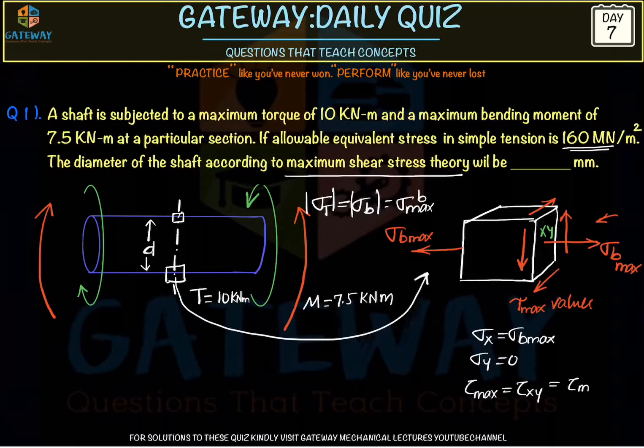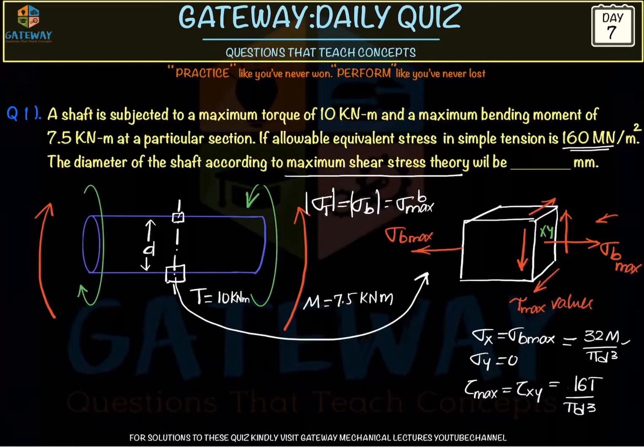Tau max is given by 16T by pi d cube, and sigma b max is given by 32M by pi d cube. These we get, one from the torsional equation and one from the bending equation. Now how will we get the principal stresses here?